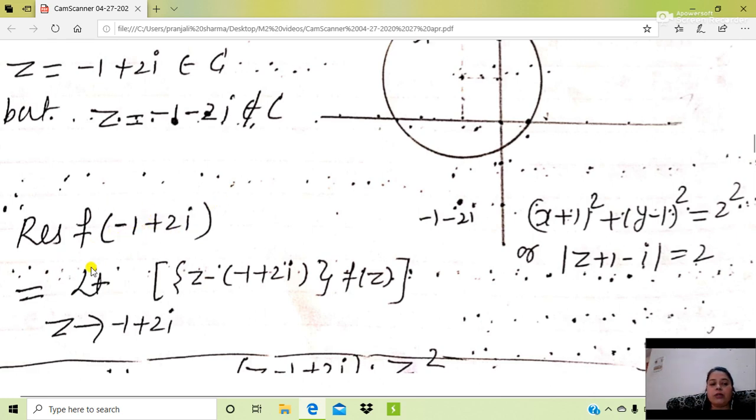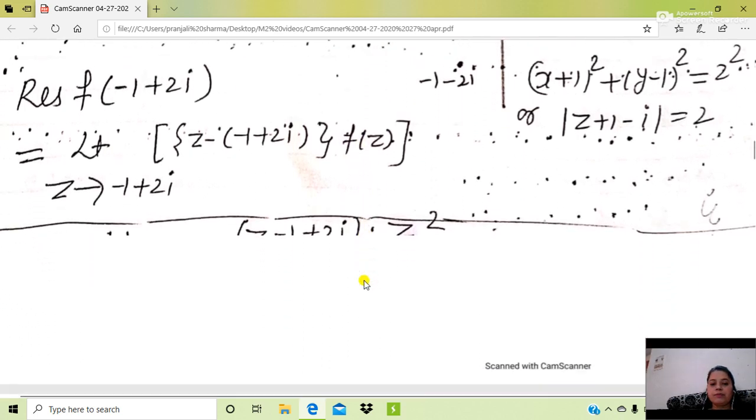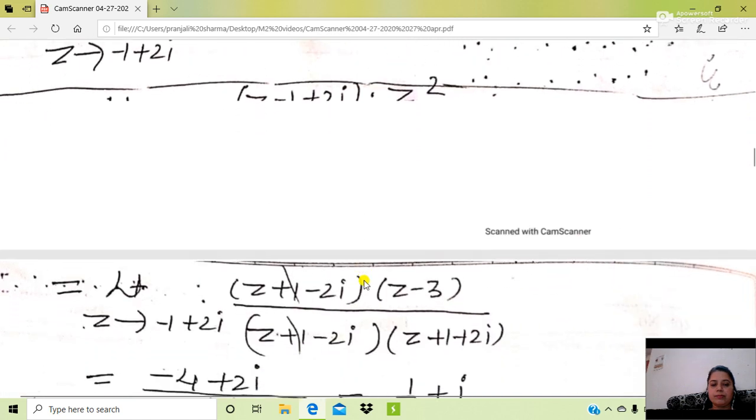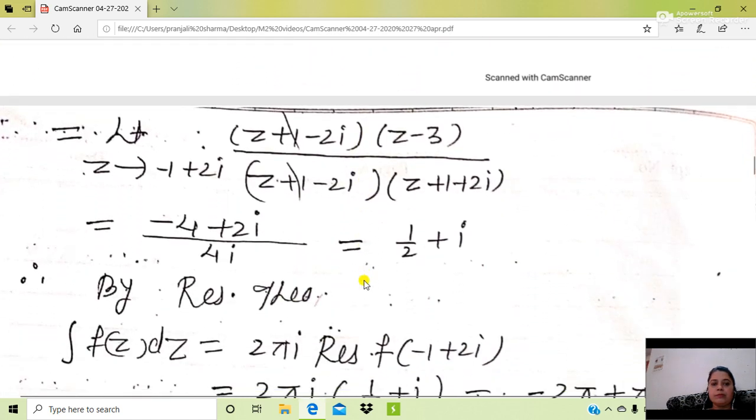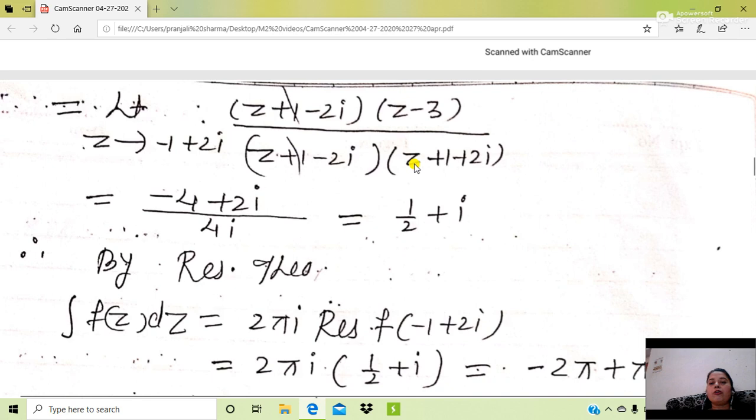So the formula is limit z tends to minus 1 plus 2i, (z minus (minus 1 plus 2i)) into f(z). And f(z) was (z minus 3) upon (z plus 1 minus 2i) into (z plus 1 plus 2i). So we place the value of f(z) over here.